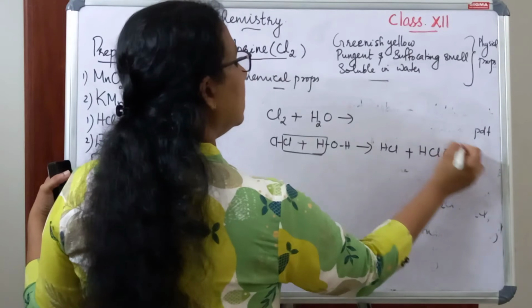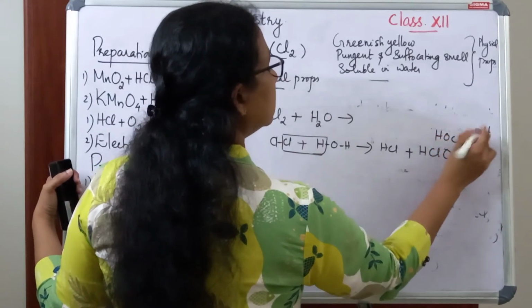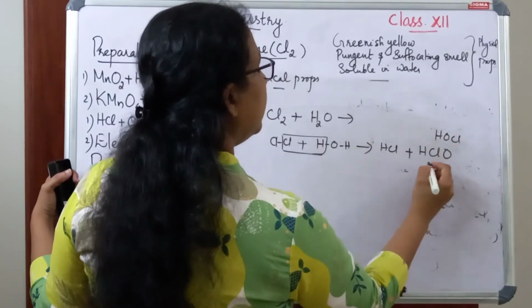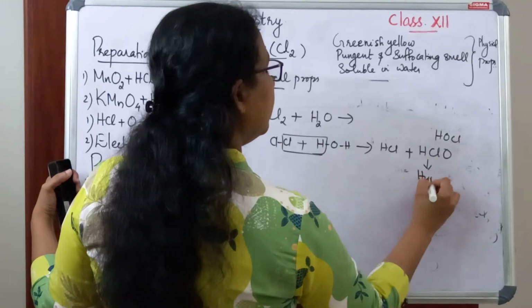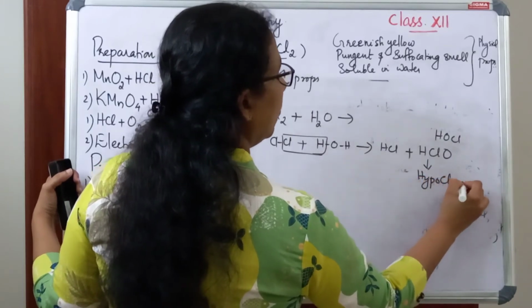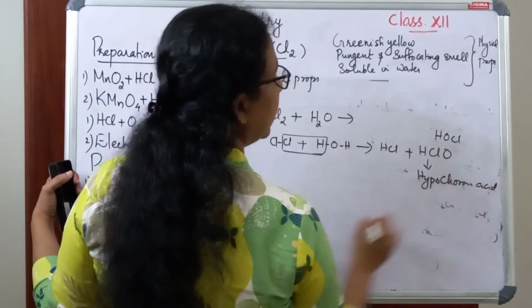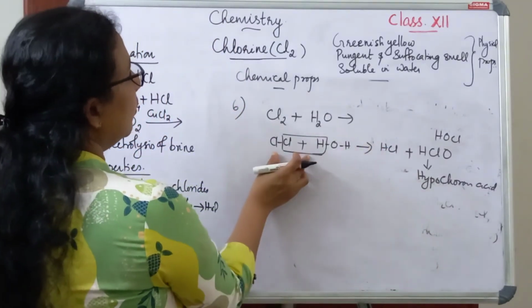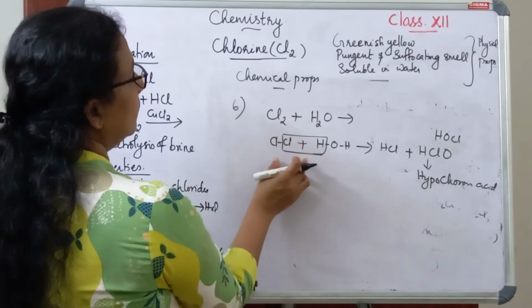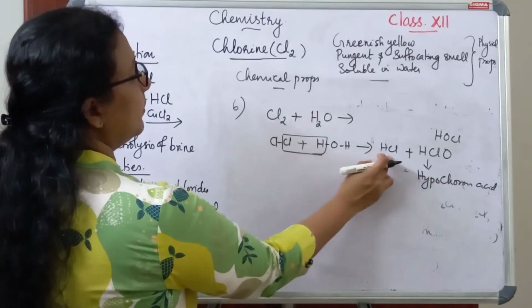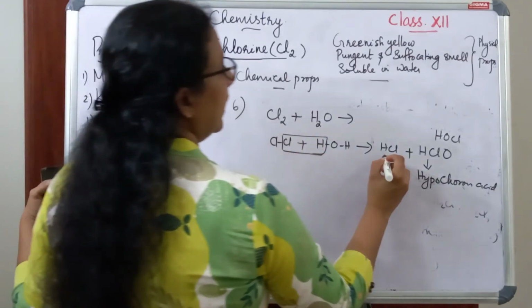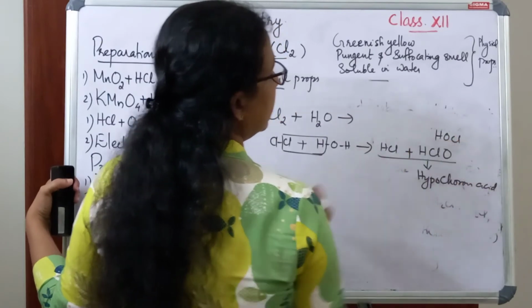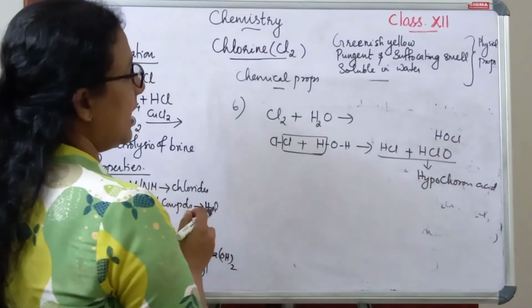This is hypochlorous acid, and HCl is hydrochloric acid. So when chlorine is added to water, it produces HCl and HOCl. This is an important reaction.